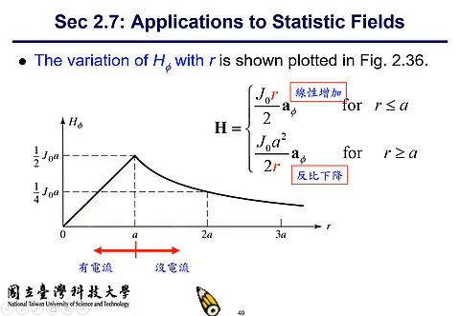So for r smaller than a, the magnetic field intensity H will increase proportionally to the distance r. On the other hand, for r greater than a, it will be inversely proportional to r. All right. So that's example 2.8, and that shall conclude our discussion about section 2.